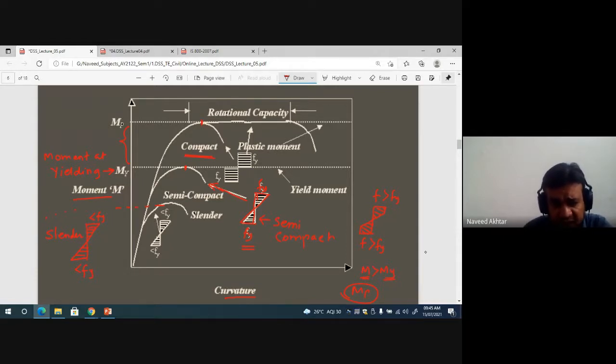It will reach the plastic moment and it will fail, and there is not much elastic deformation before the failure. So that section is called a compact section. That's why these classes are made for different sections.